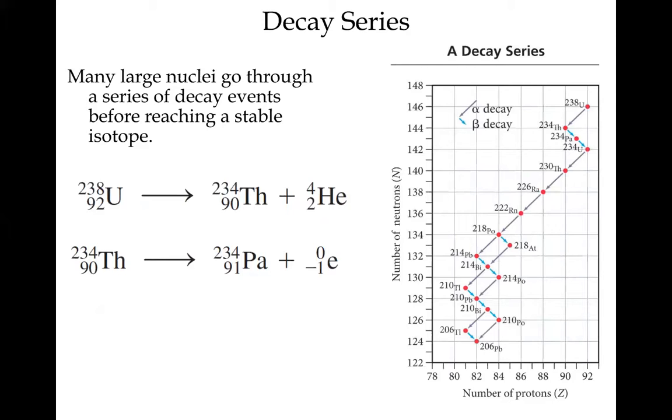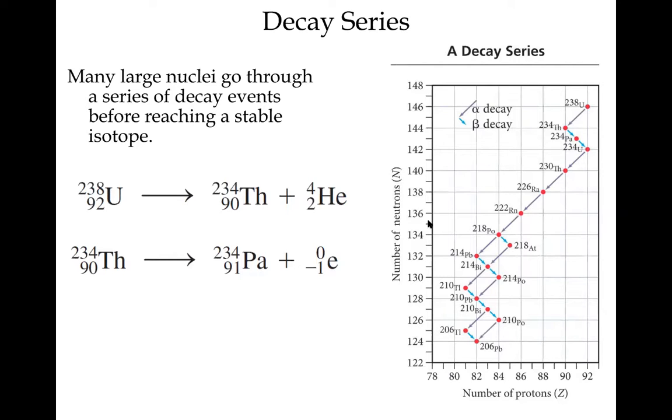Okay, so like I said, atoms that have more than 83 protons are all going to be radioactive, and they're all going to decay in at least one, most likely multiple steps involving alpha and beta decay, some gamma decay, of course, to carry away excess energy.